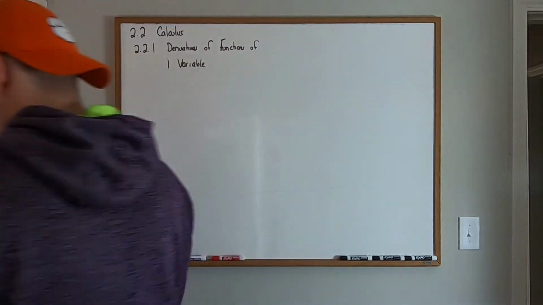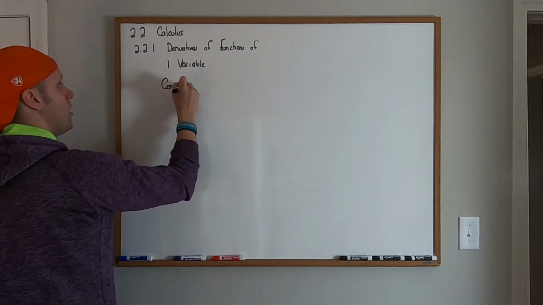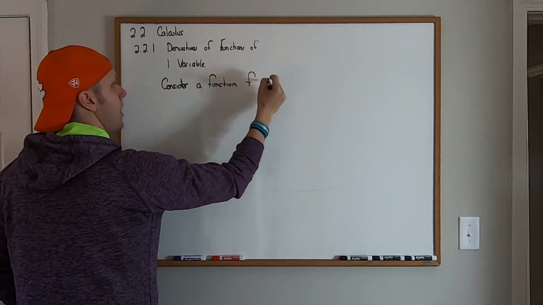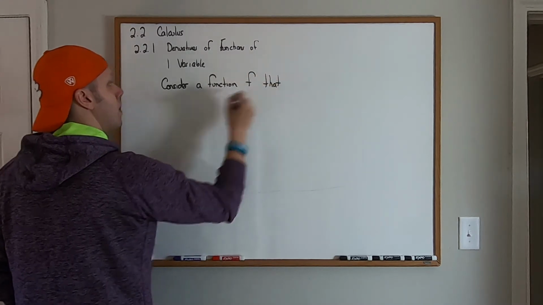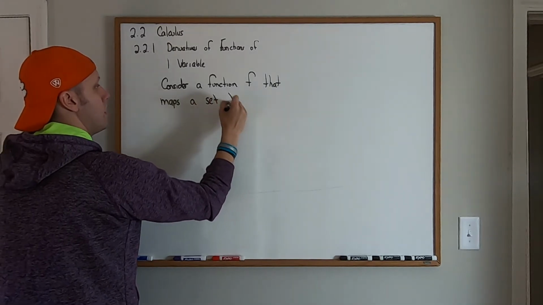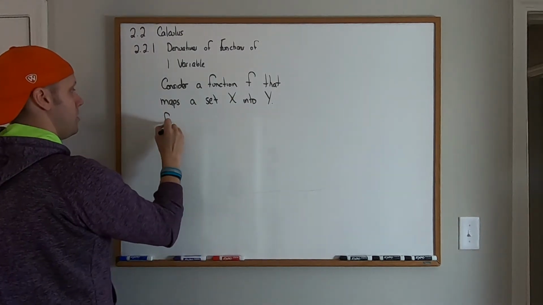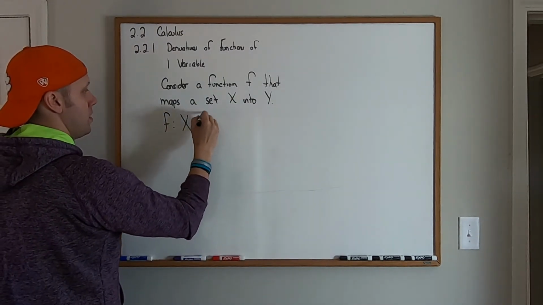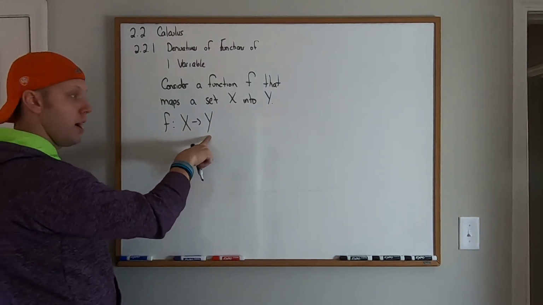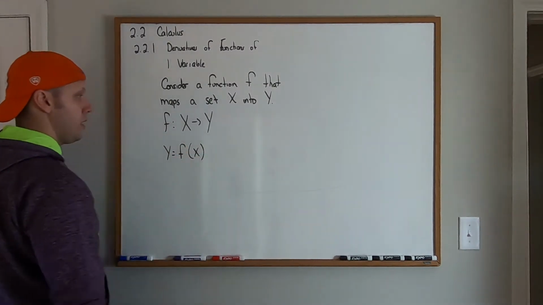Right, so let's consider a function f that maps a set x into y. The notation for this would be f maps a set x into a set y. You may also have seen this, y equals f of x.